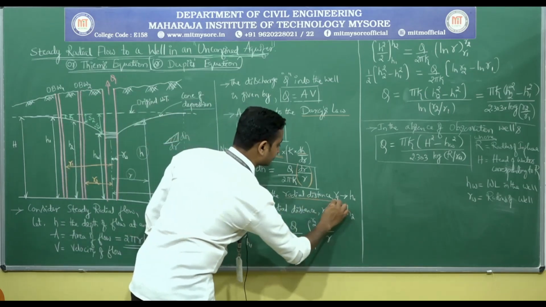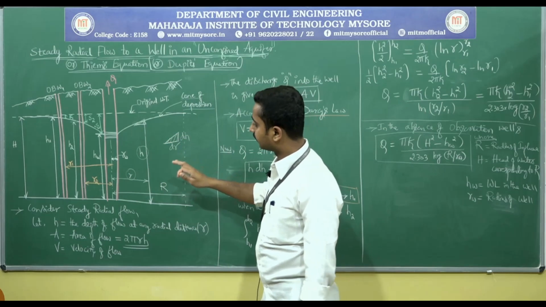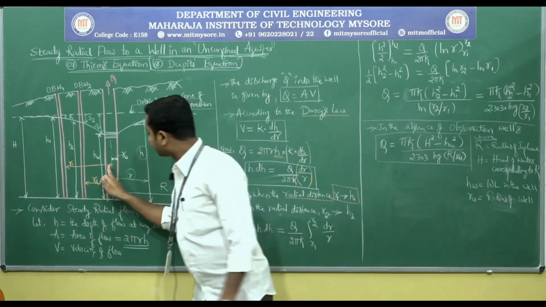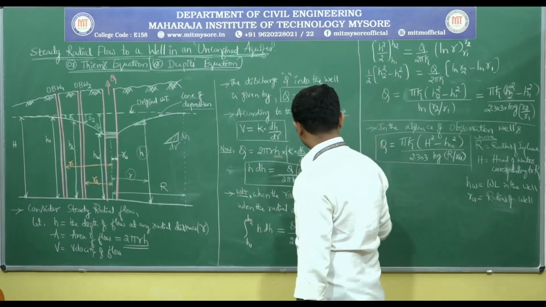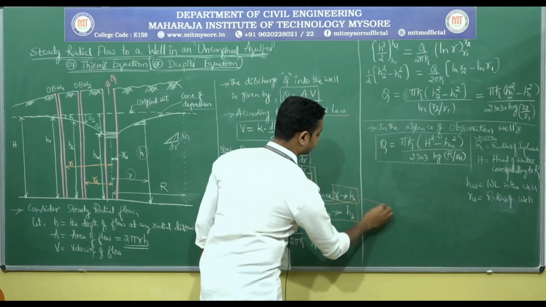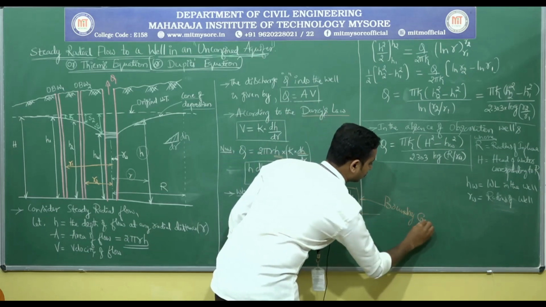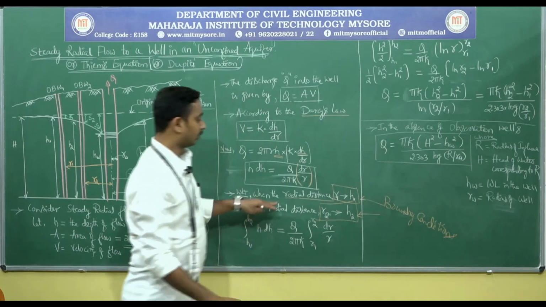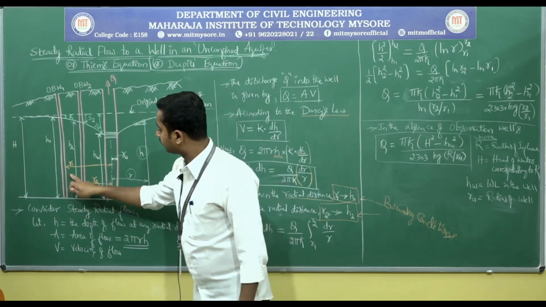See carefully in the diagram: when the radial distance is R1, the depth of flow is H1.